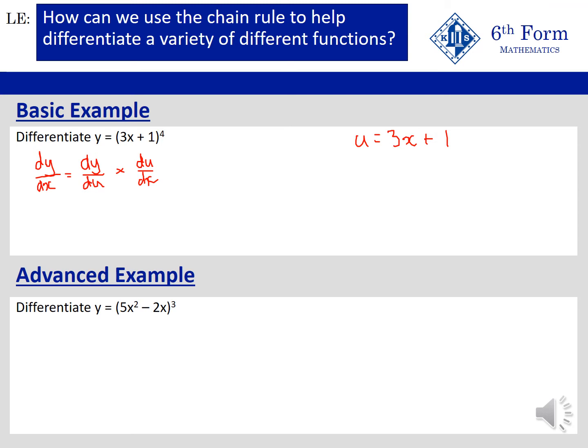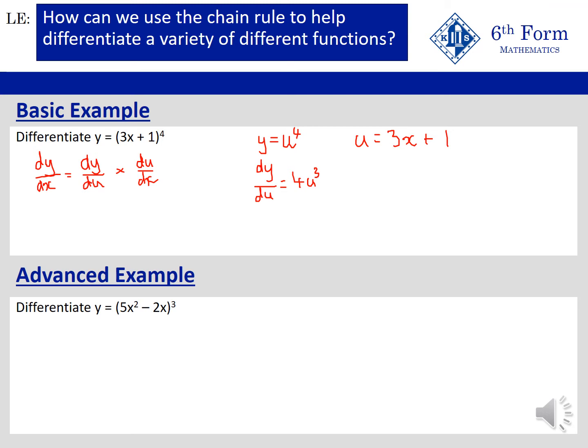If u is 3x plus 1, that means we've actually got that y equals u to the power 4. So if we differentiate these two separate things, if we differentiate y, we're going to get dy by du because we've got y equals u to the power 4. So multiply by the power and subtract 1 from the power. That's the dy by du dealt with.